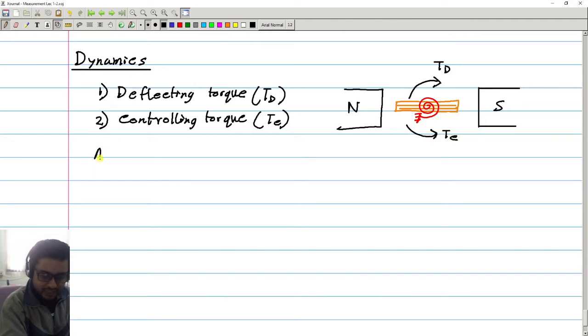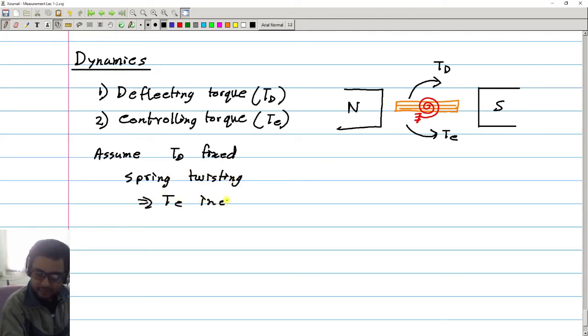So assume this scenario: TD fixed, that means current fixed, and the spring is twisting, that means TC is increasing. So this is fixed, this is increasing.